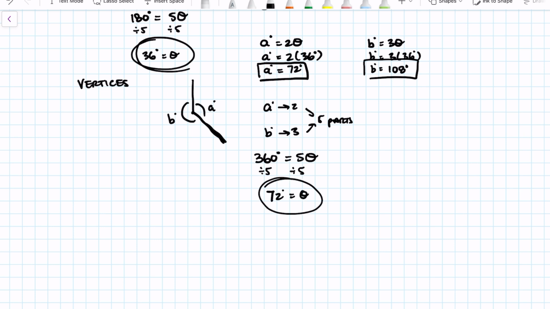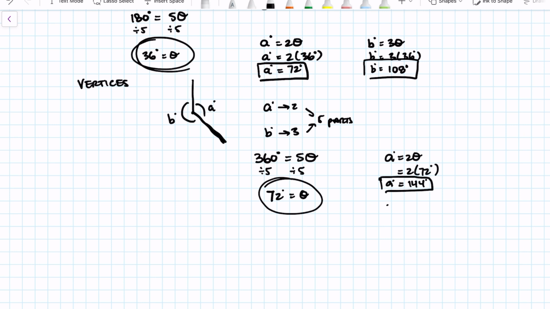Again, very precious information. We're going to keep that. So now I know that angle A is going to be 2 of whatever that angle is. Plug it in again, 2 times 72 degrees, and that should equal 144 degrees. Okay, so A is equal to 144 degrees.